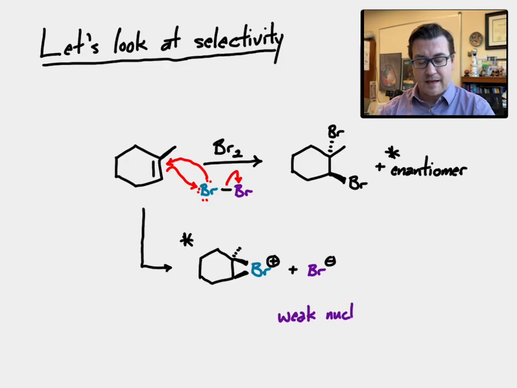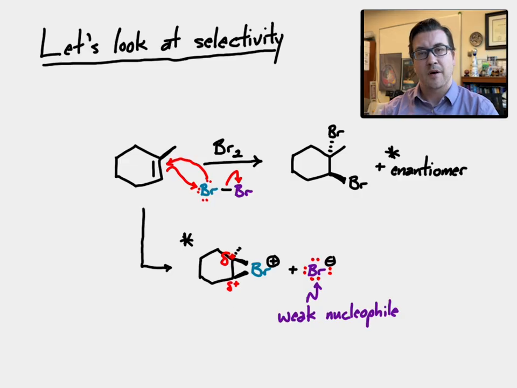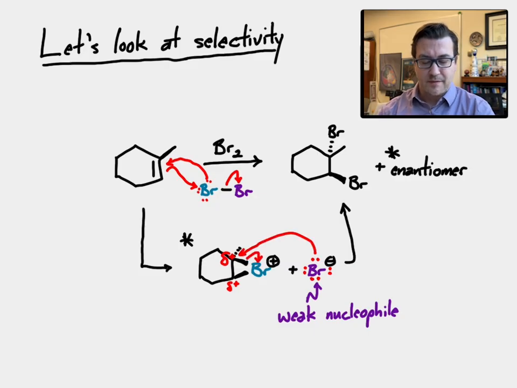It's important to recognize that a bromide is a pretty weak nucleophile, and so we're going to use the same logic we did in the protonated epoxide case, where this positive charge is actually shared across these carbon atoms, and one of these carbon atoms has a bigger delta positive or more positive character. And that's exactly where the bromide is going to react. So it's going to react in a contrasteric fashion.